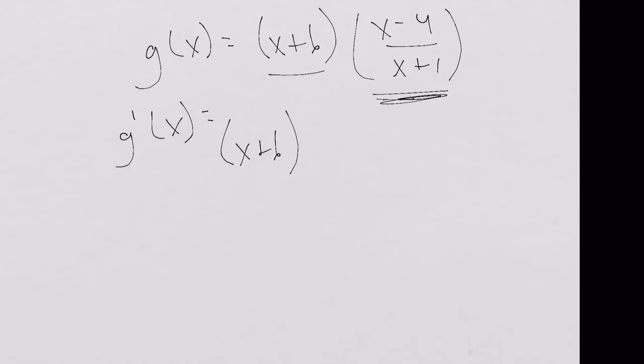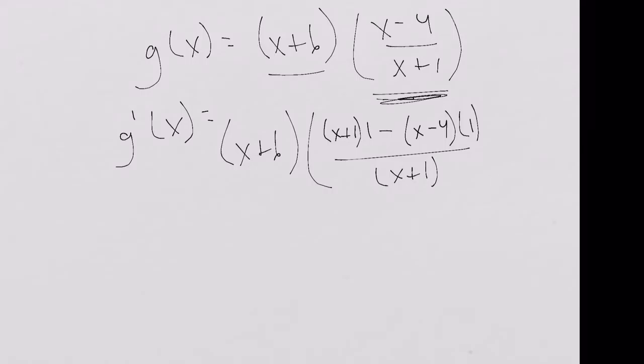So I would say low d high, which is just 1, minus high times d low, which is just 1, all over the bottom one squared. But again, I'm not done, because that was just my first times the derivative of my second.